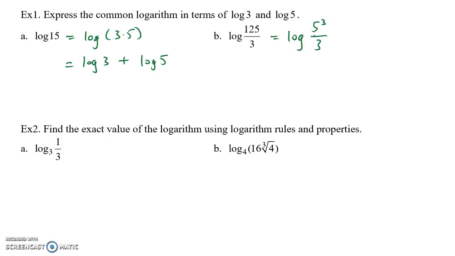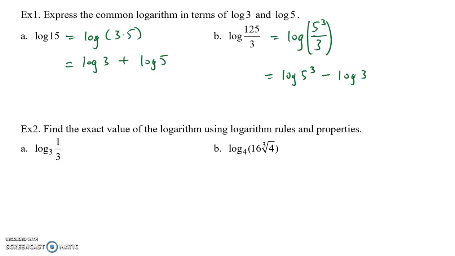So let's write it that way. Log of 5 to the third over 3. Now this is just a single logarithm of a quotient. By the quotient rule, that can be split up as a difference. Log of 5 to the third minus log of 3.